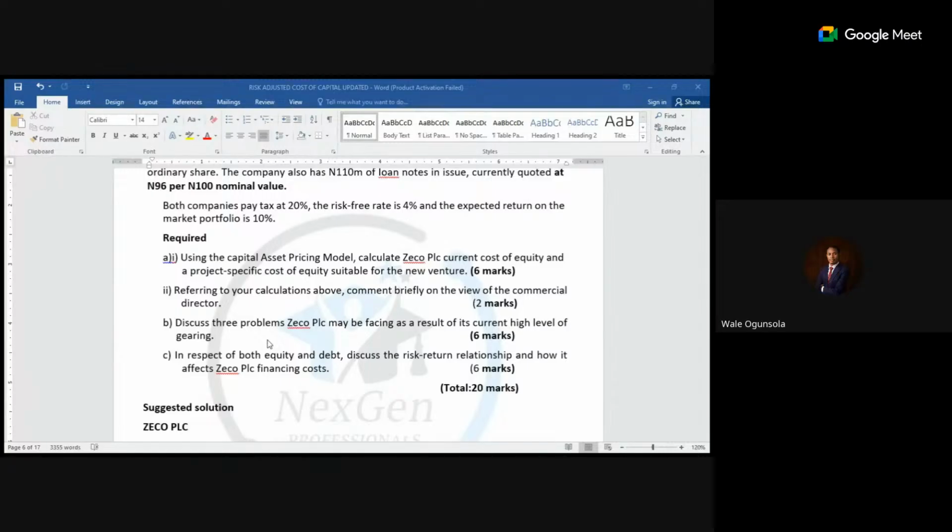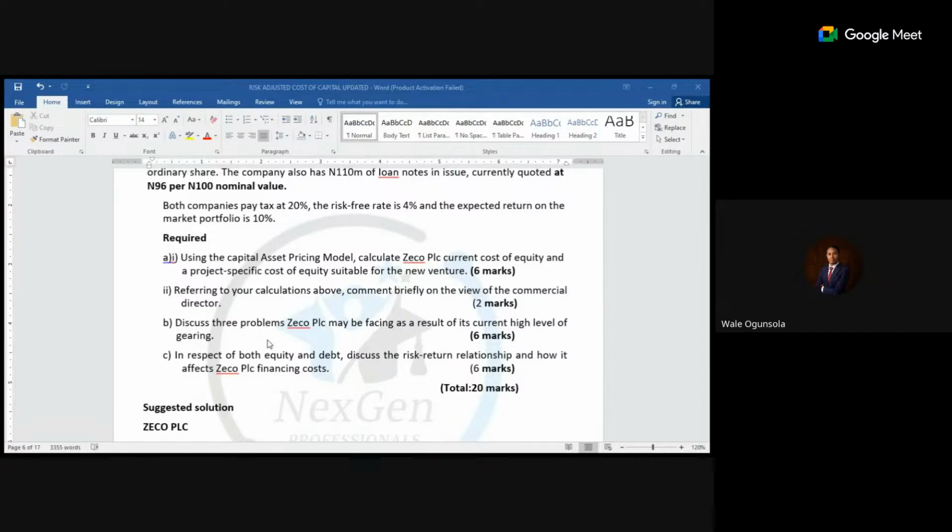We say that in the relationship between equity and debt as regards return, I can say that equity is riskier than debt, as we know the debt holders are the ones to be settled before the equity holders. Whatever is left, even when the company goes into liquidation, the debt holders must be settled first, and what is left will be settled to the equity holders.